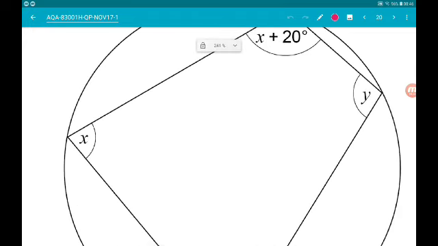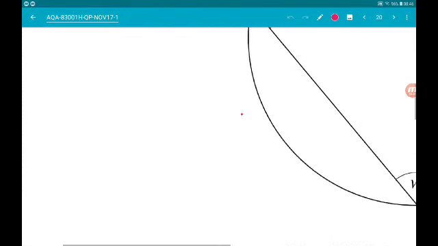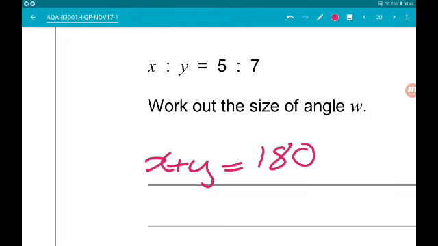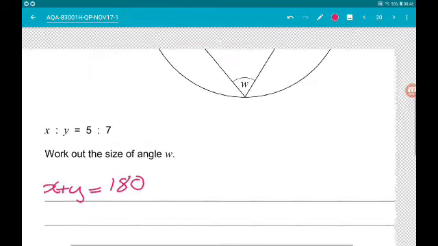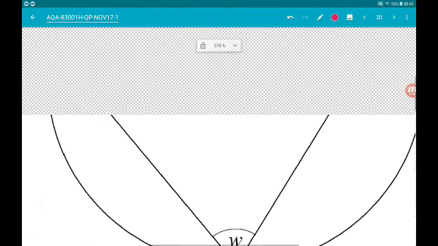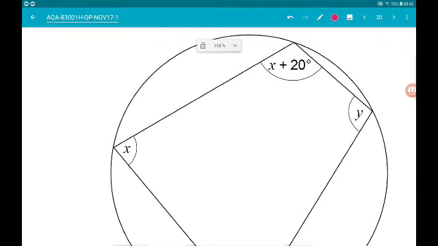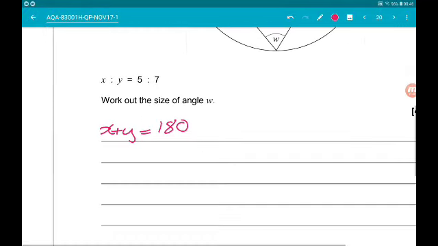So we can say that x and y is equal to 180 and we can also say that w add x add 20 is equal to 180.